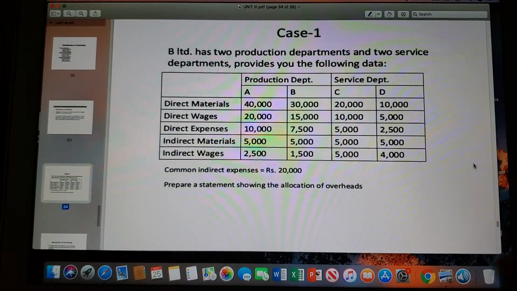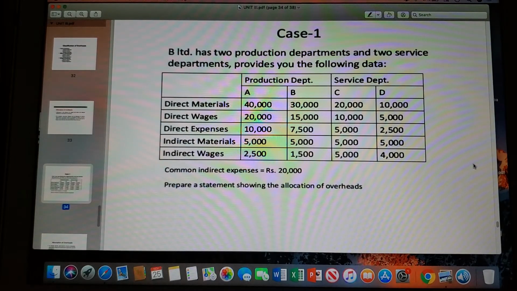Case 1. B Limited has 2 production departments and 2 service departments. The following data is provided. Here you have direct materials, direct wages, direct expenses, and indirect materials, indirect wages.